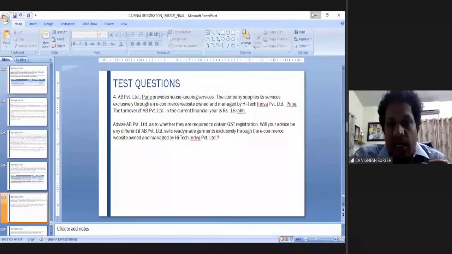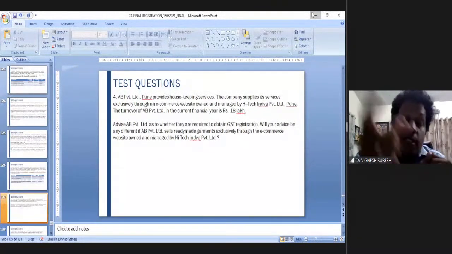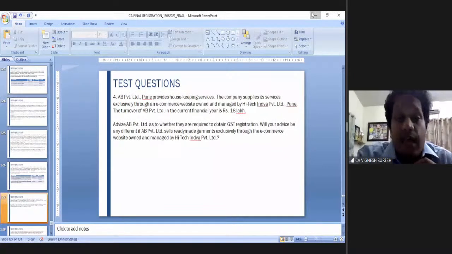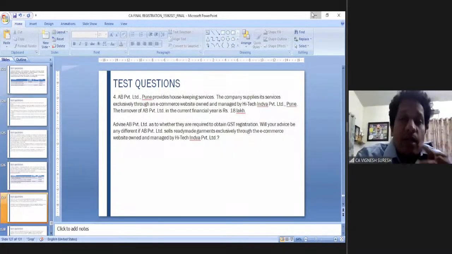Please remember, section 24, which talks about the compulsory registration, considers only the suppliers of goods or services through e-commerce operators, other than what is given in 9 subsection 5. But 9 subsection 5 clearly mentions housekeeping services as one of the services.